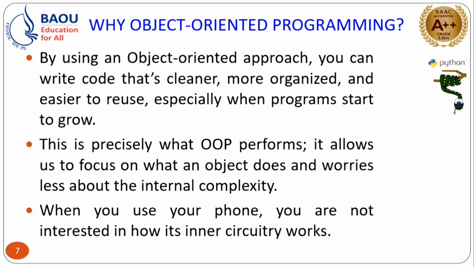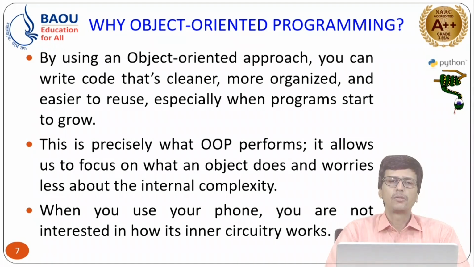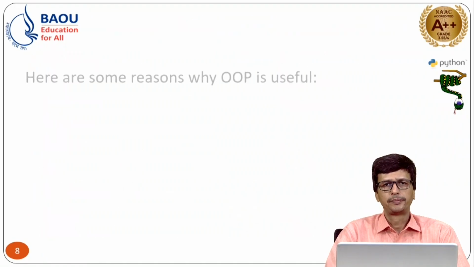Without bothering about the internal structure or its working pattern, you just use that particular thing. In the same way, object-oriented programming provides how the object will work, but hides the background complexity. That's why it is very advantageous.